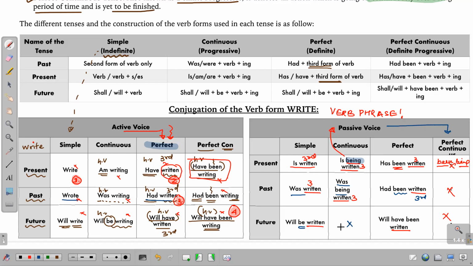The book will be being, right? Be being, which will sound absurd, splitting the existence into two states or two aspects at the same time, which will not be grammatically valid and therefore wrong. So I will have written, the book will have been written. So for perfects, you see the extension happening as been.